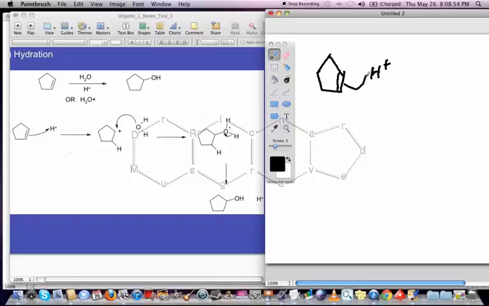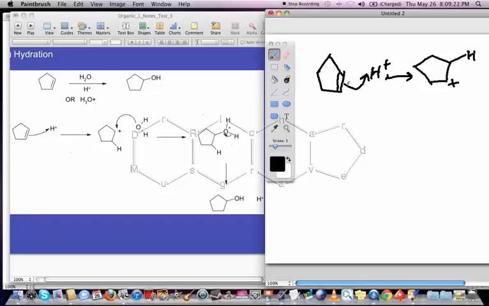two electrons out of this CC double bond, and we're going to form a new CH bond right here. Now there's the new CH bond, and that's going to leave a positive charge down here.